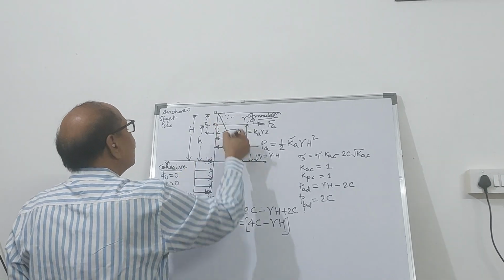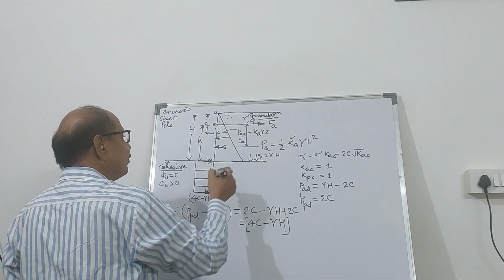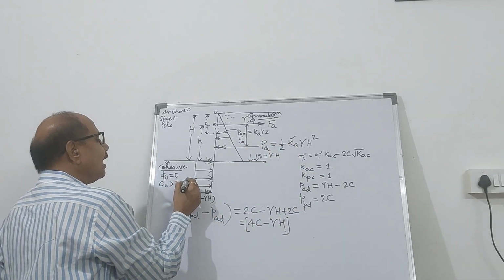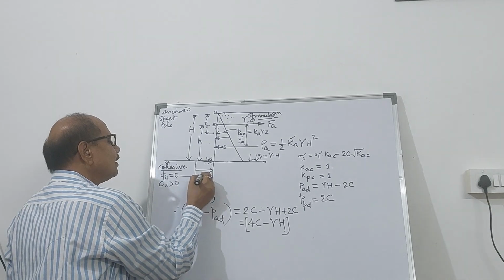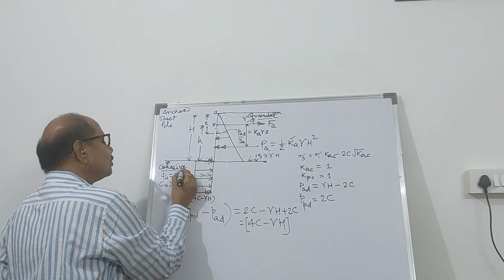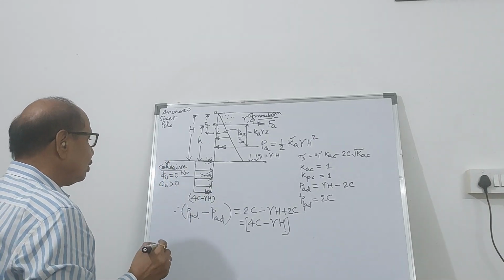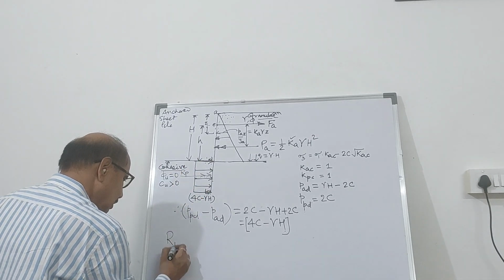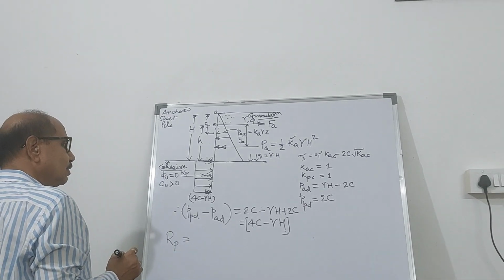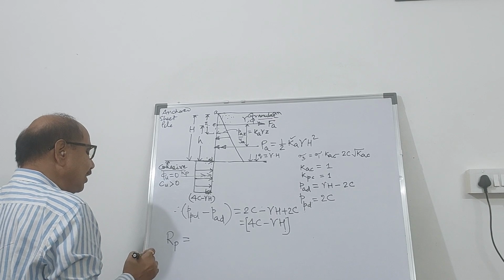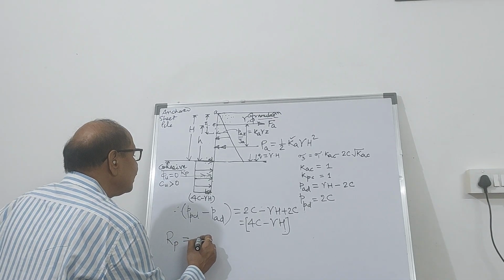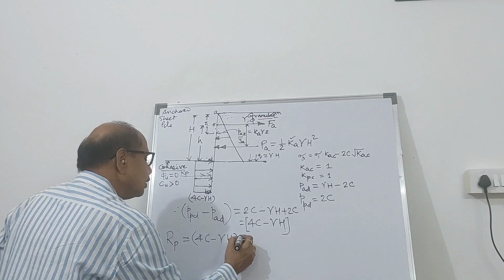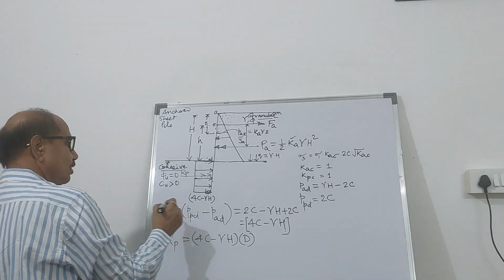So due to the granular backfill, you know the active pressure distribution, which is given by the magnitude here, and the magnitude of the passive force can also be calculated. The resistance offered by the soil below the dredge line, RP, which is passive in nature, is going to be 4C minus gamma H into D. What is this D?